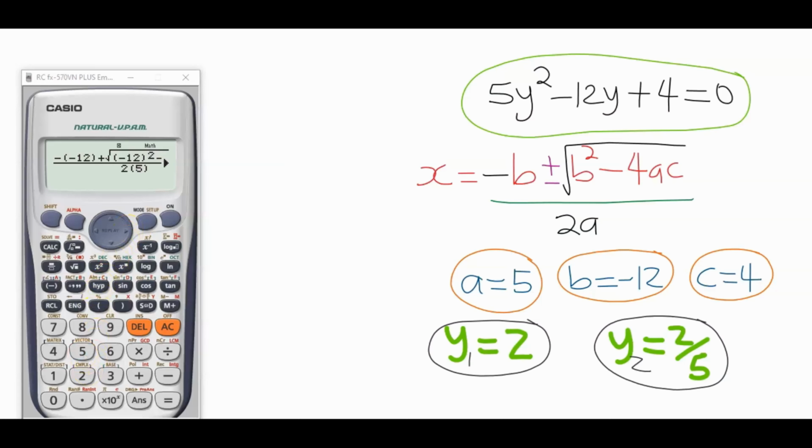If you substitute correctly and press the equal sign, you are going to get your y1 to be 2 for the plus operator. Next, before the square root, we remove the plus, and now it is the turn for the minus. We press the equal sign, and you can see that our second value for y, which is y2, is 2 over 5.